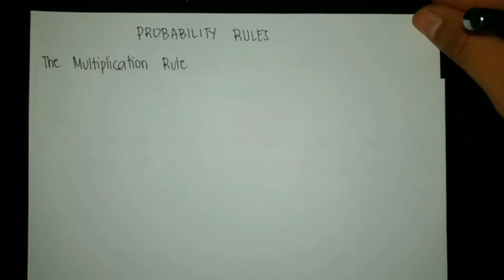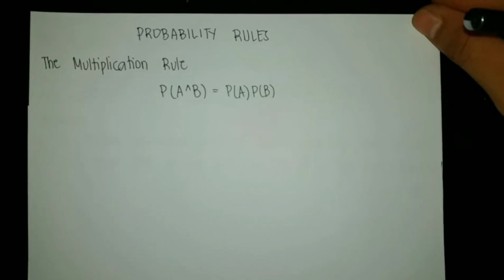When we say independent events, two events are said to be independent if the occurrence of one has no effect on the chance of occurrence of the other. So it states that the probability of occurrence of two independent events, for example, events A and B, is equal to the product of the probabilities of the individual events.